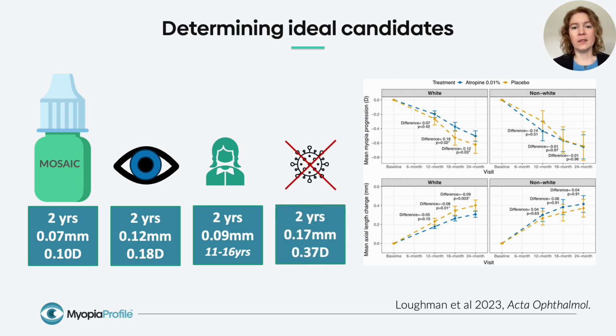Most fascinatingly, this study was impacted by COVID lockdowns, and they found that children who had suffered the least from COVID lockdowns, so they'd been recruited after the most significant periods of lockdown, had an even greater effect. So this study was impacted by COVID, as some of our most recent myopia control studies are, and that shows the impact of more indoor time, more screen time potentially, really zeroing out the myopia control effect of a treatment.